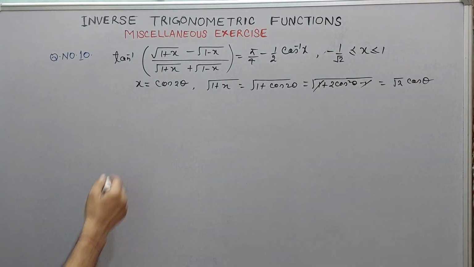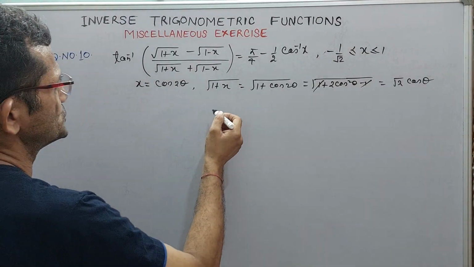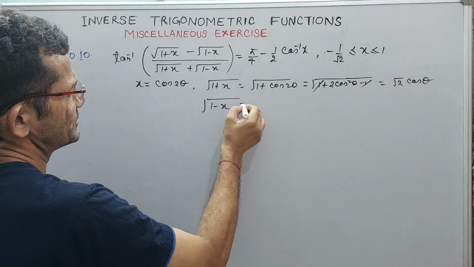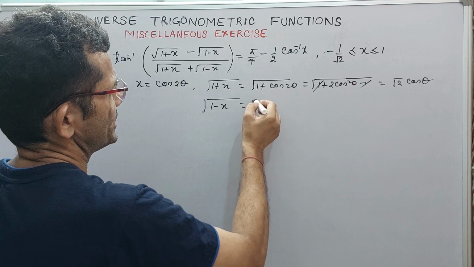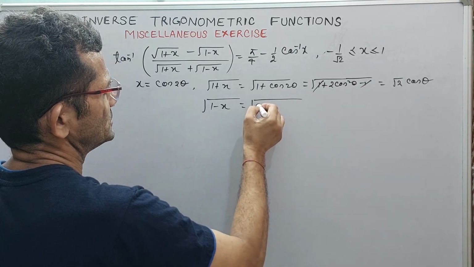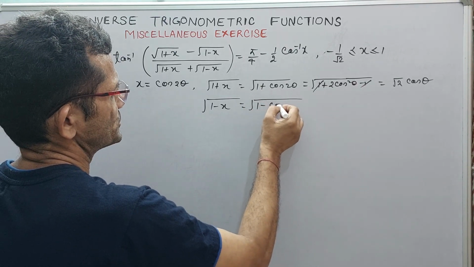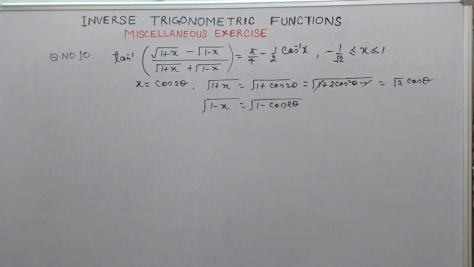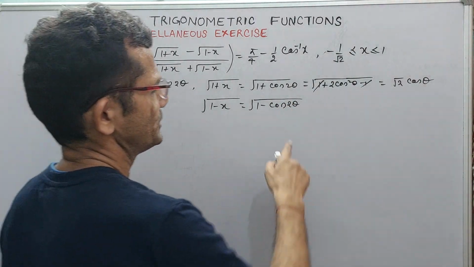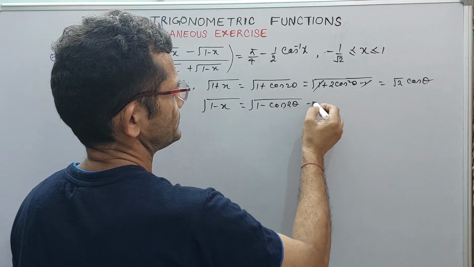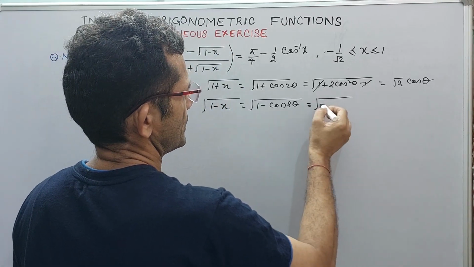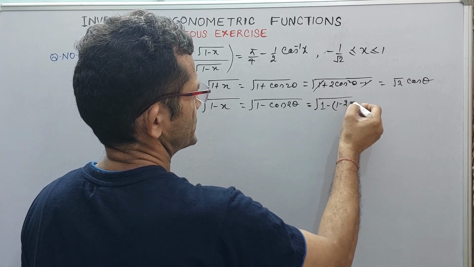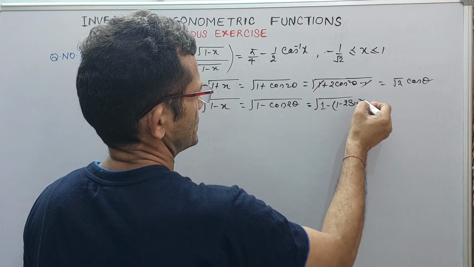Now next one, root 1 minus x becomes in the same way root of 1 minus cos 2 theta. Cos 2 theta has another value which we will utilize here: 1 minus 2 sin square theta.